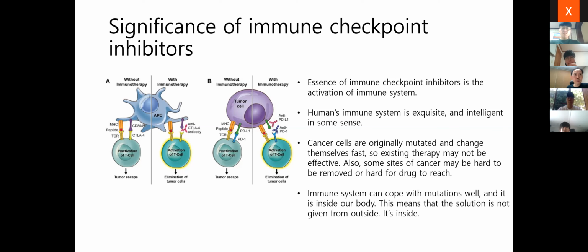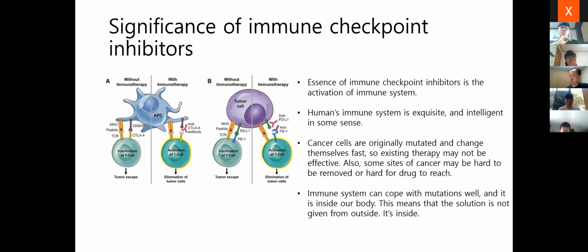Some cancer cells are originally mutated and change themselves fast. So as I said earlier, drug or surgery may not be effective, and also these solutions are from outside of the human body. So some sites of cancer may be hard to remove by surgery, and also hard for drugs to reach. But the immune system can cope with these situations well.